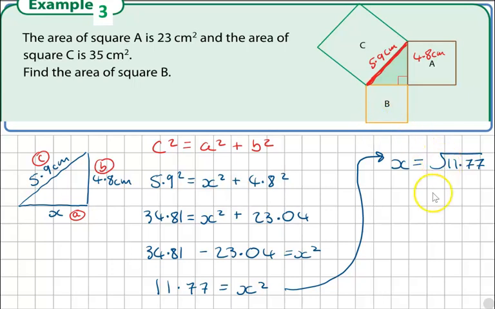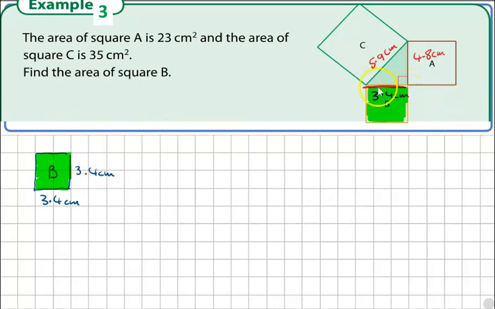So the square root of 11.77 is 3.4307, which is approximately 3.4 centimeters. So I reckon that the length of square B is 3.4 centimeters, and it's also the base of my triangle. So that red line there is 3.4 centimeters.